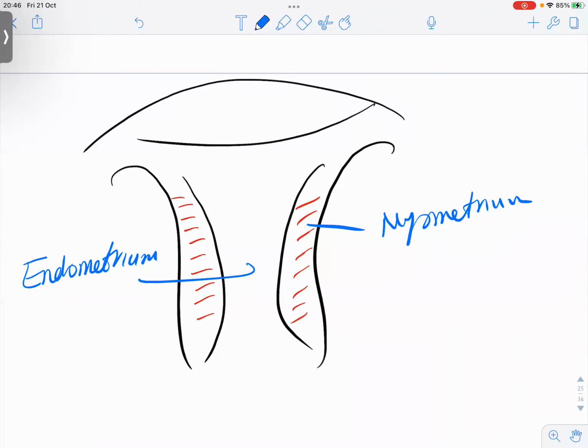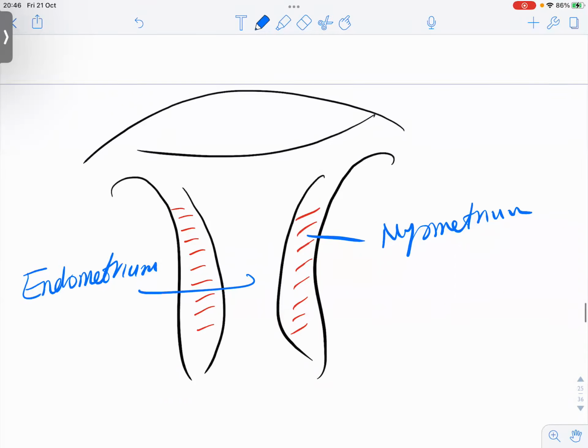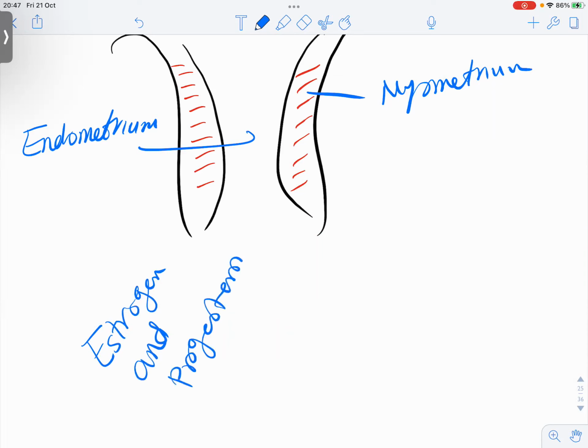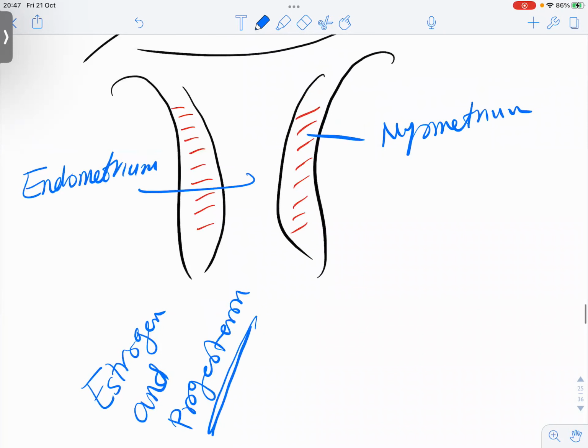So the ovary will start to secrete female sex hormones, very important hormones called estrogen and progesterone. Estrogen and progesterone. Progesterone will stimulate the cells, the glands, and the endometrium to increase in size.